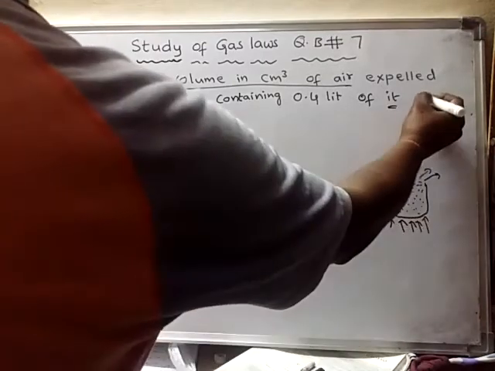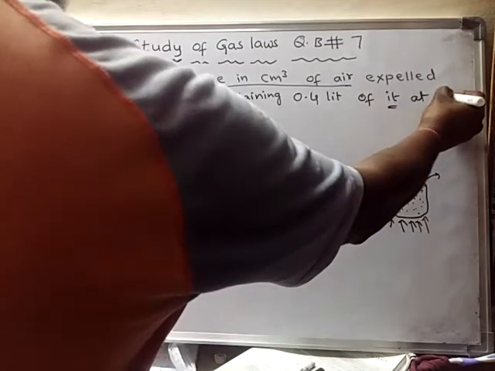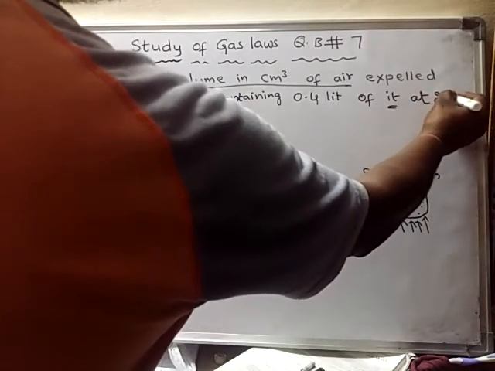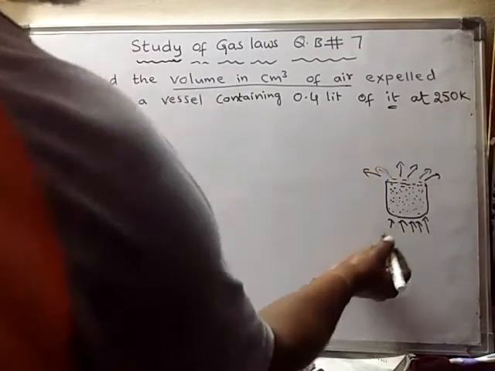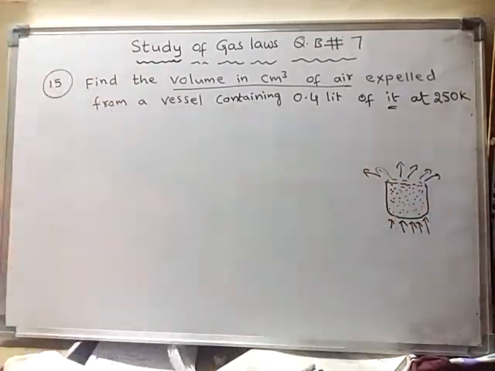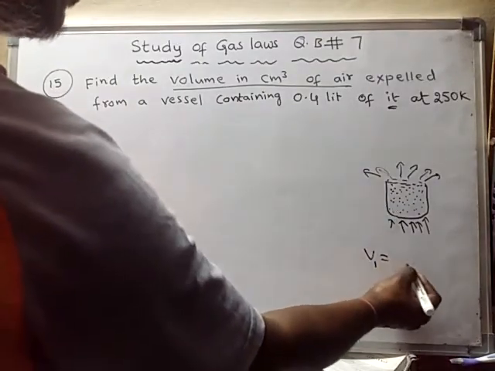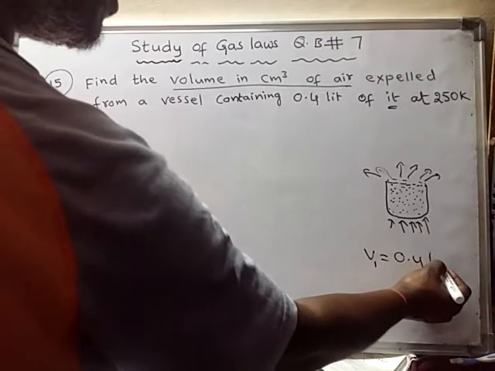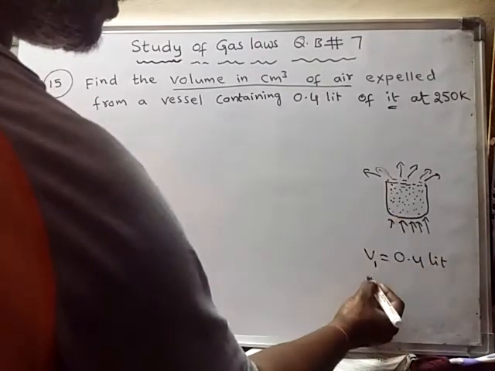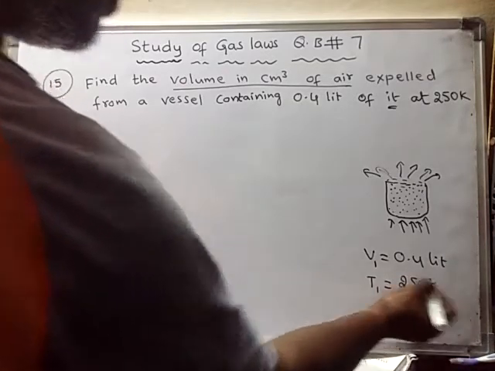The initial temperature was 250 Kelvin. So the initial temperature of the air was 250 Kelvin, when the volume is 0.4 liters.